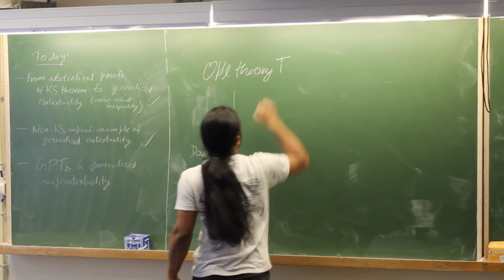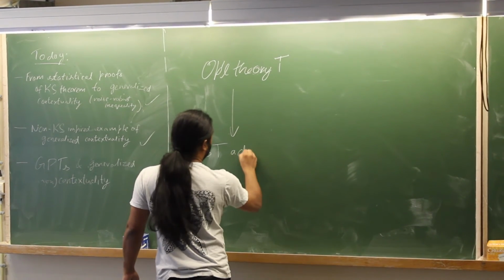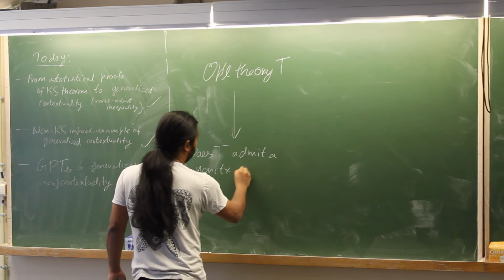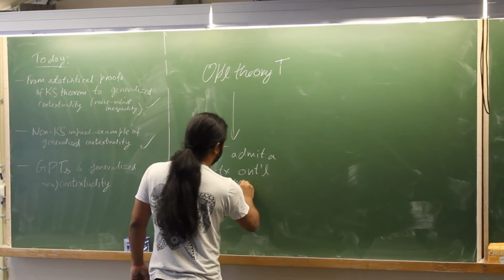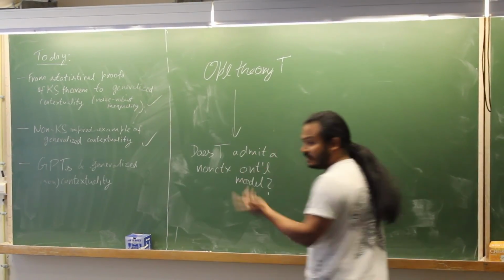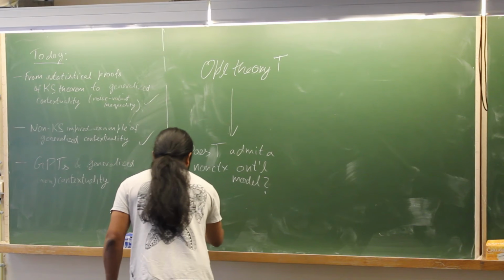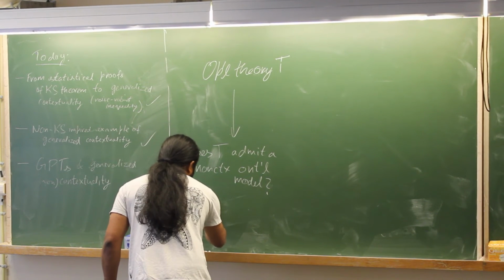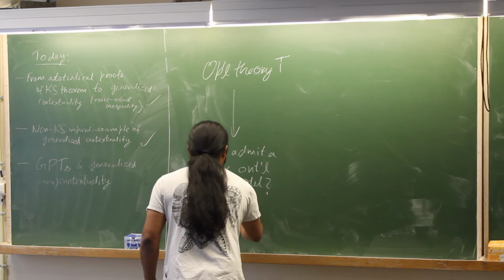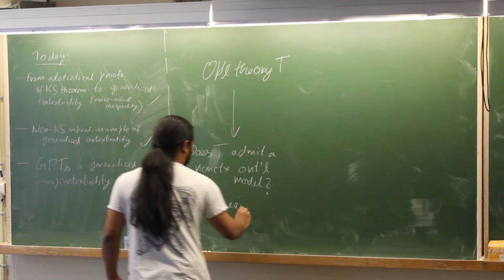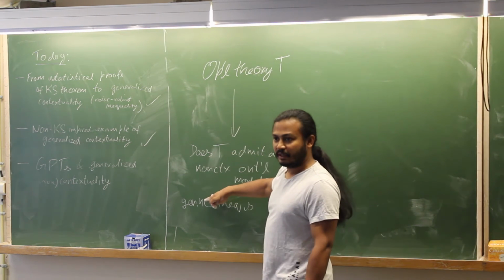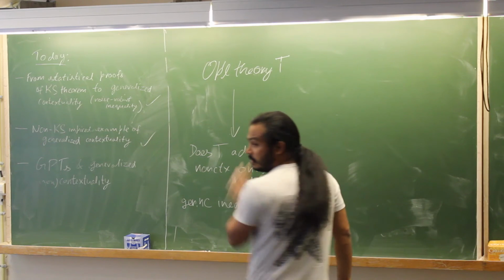I'll call it T, the operational theory T. T admits a non-contextual ontological model, right? And the way we were asking this question so far was to obtain non-contextuality inequalities, generalized non-contextuality inequalities, and if these are violated, then we know that T does not admit a non-contextual ontological model, right? This is what we're doing so far.